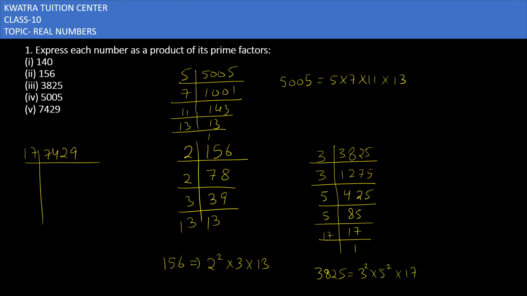If you divide this number with 17, you will get 437. Then 437 is divisible with 19, and then you will get 23. 19 into 23 is 437, and in the last it is a prime number, so it will be 23 only. So 7429 can be written as 17 into 19 into 23. So yes, this is your answer for the first one.